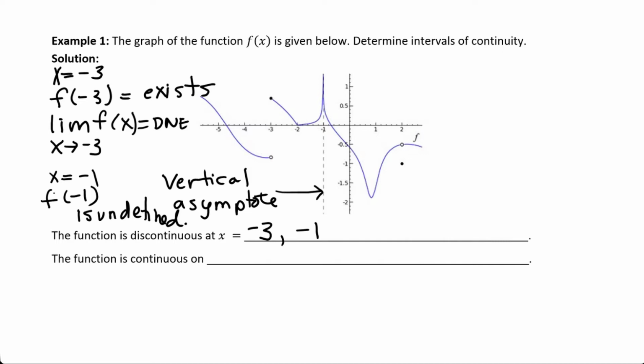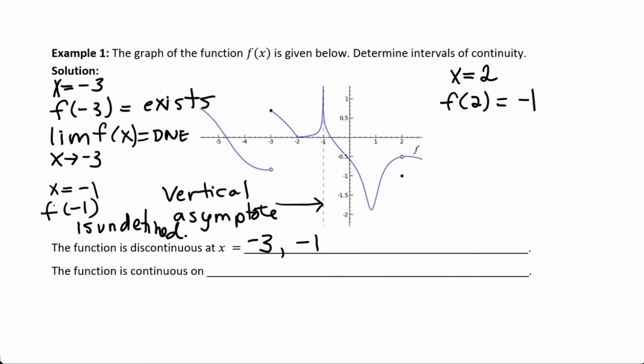And finally, let's see how the graph of this function fits in with our definition of continuity at x equals 2. If we evaluate the function at f of 2, we notice that you have a solid dot that's equal to 1, so the function exists. Let's compute the limit. We want the limit as x approaches 2 of f of x.